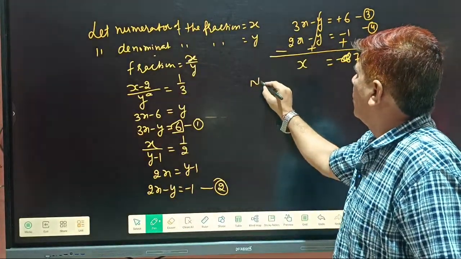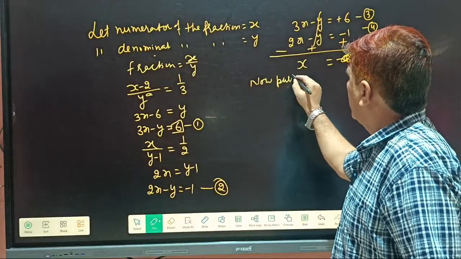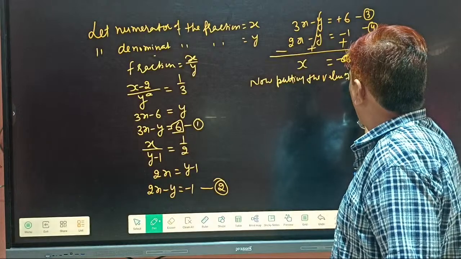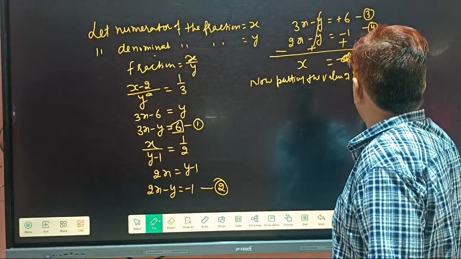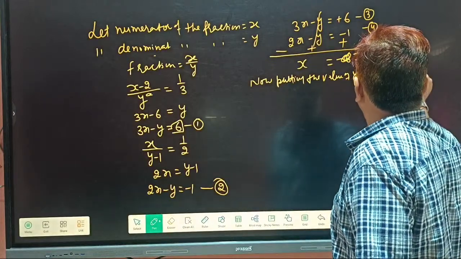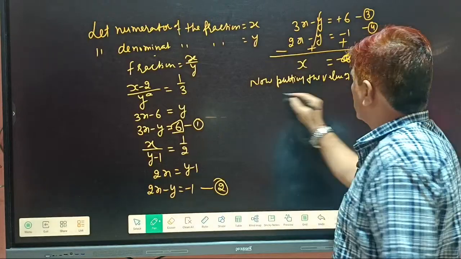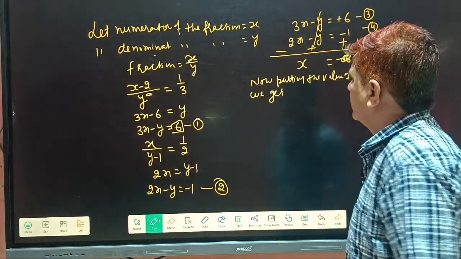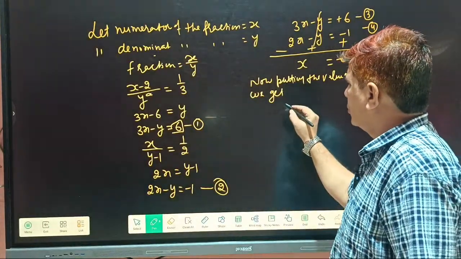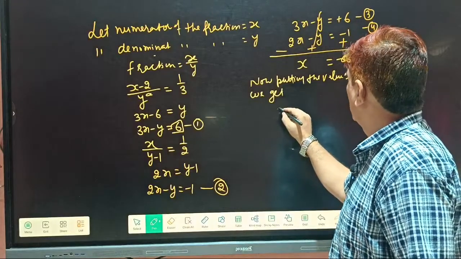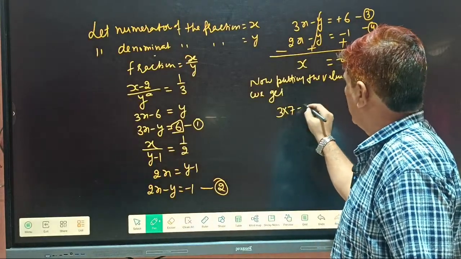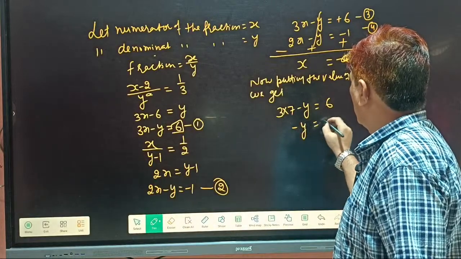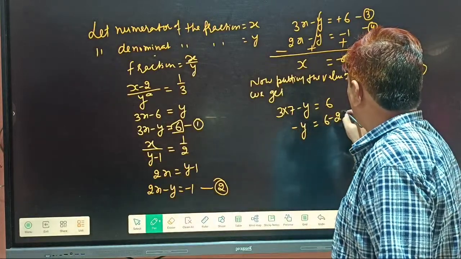Now, putting the value of x equal to 7 in equation first, we get 3 into 7 minus y equal to 6, minus y equal to 6 minus 21.